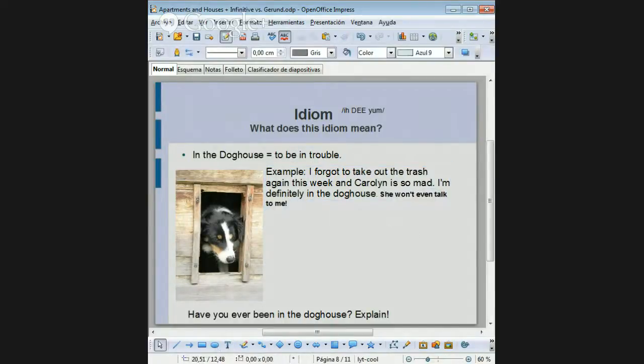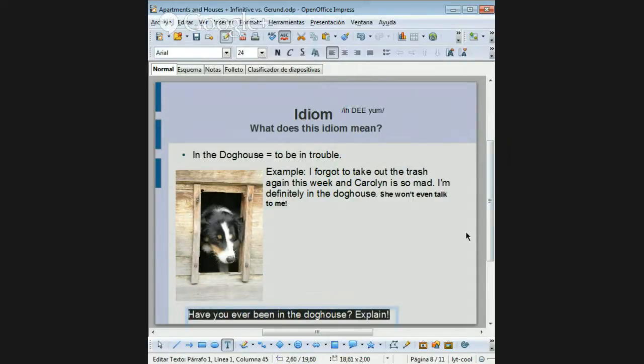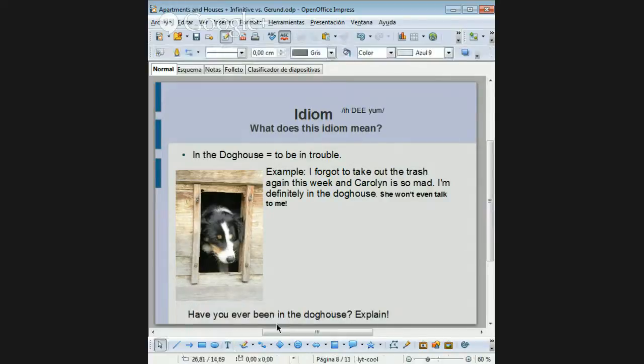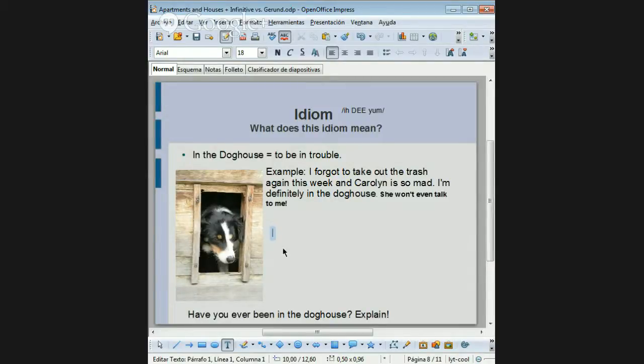Good. Let's have Dima ask Bunserm this question at the bottom of the page: Have you ever been in the doghouse? Explain. Yes.